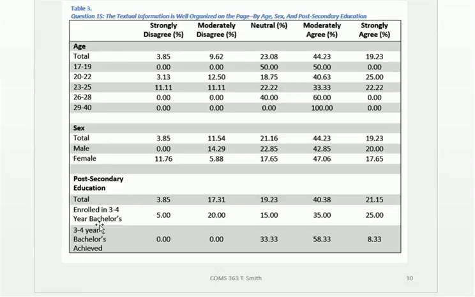This category at the bottom is confusing because this is not the wording of the survey question. So post-secondary education is a very general heading, and it was a more specific question, like highest level of post-secondary education. And it's possible for a person to be enrolled in a bachelor's degree and also have achieved yet a different bachelor's degree earlier in their life.